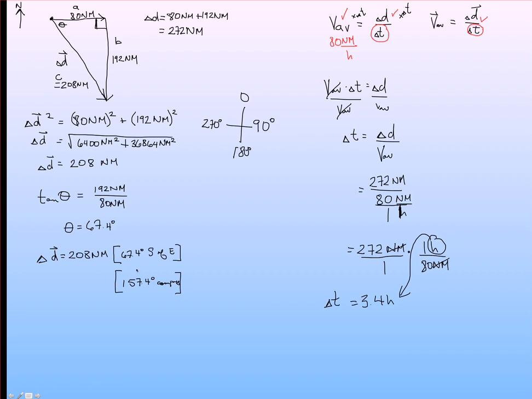So we have a displacement of 208 nautical miles in the direction 67.4 degrees south of east. And we have a delta t of now 3.4 hours, which we just found.